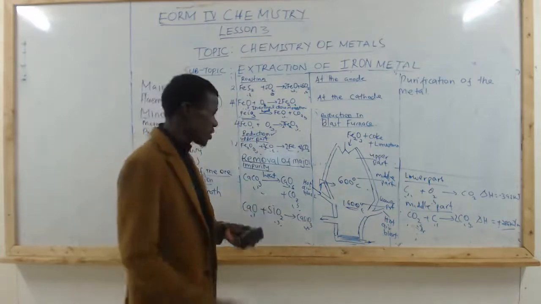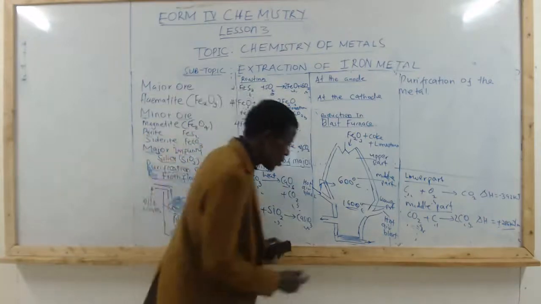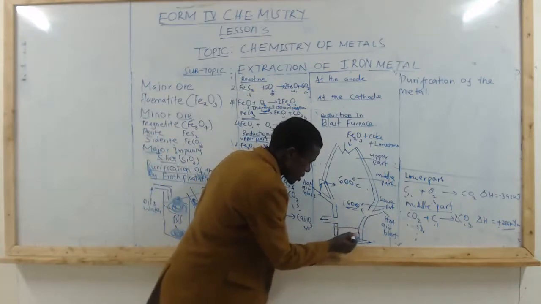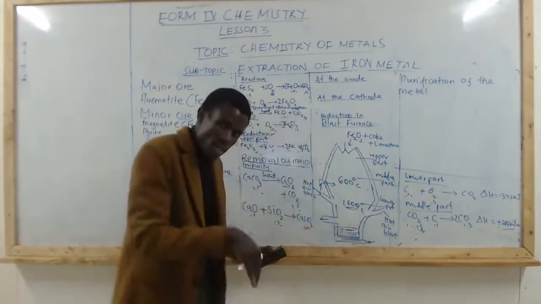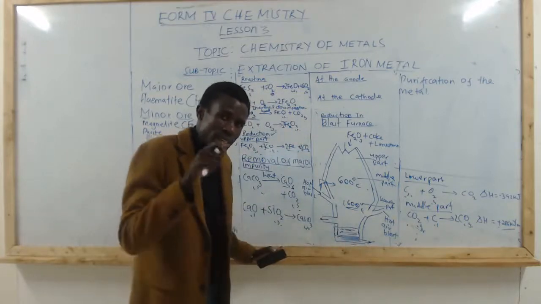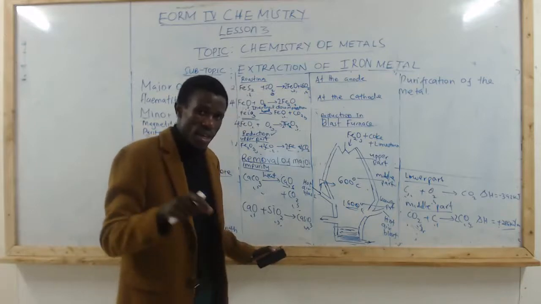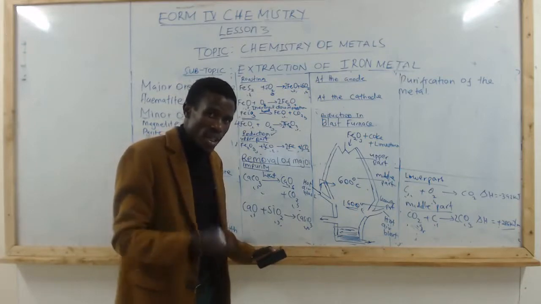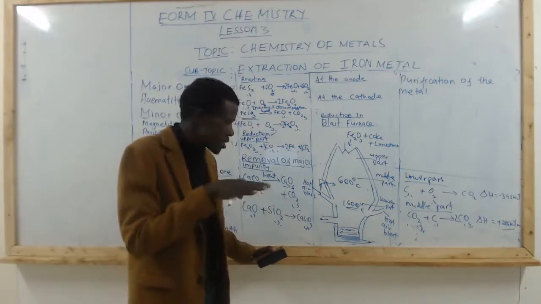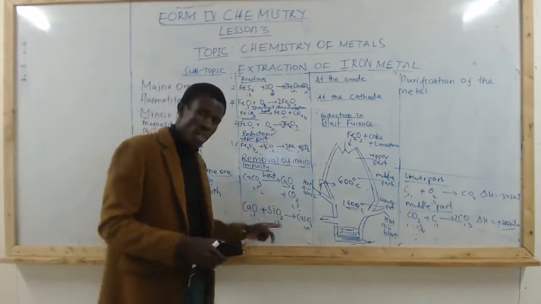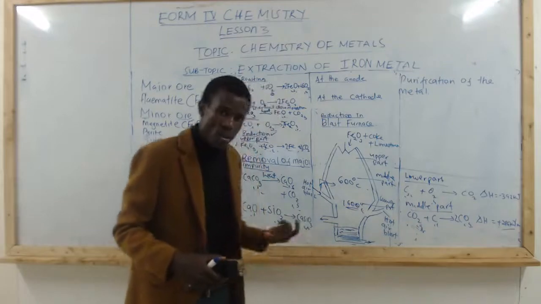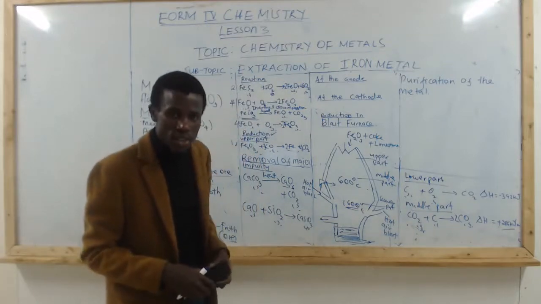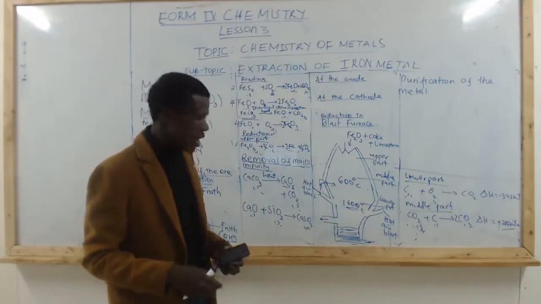That occurs at the lower part, and the slag, calcium silicate, settles on top of the iron that has trickled to the bottom, since it is less dense than iron.